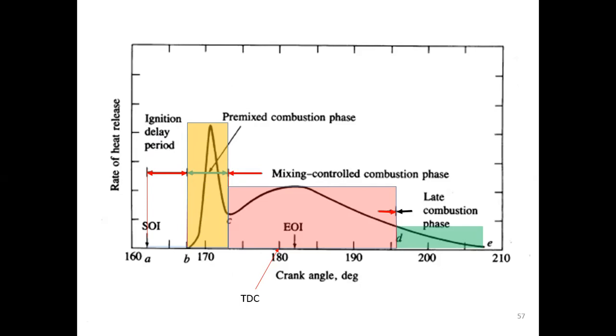Ignition delay period doesn't mean you ignite; only the fuel is injected, because you don't see any heat release here. And then you see a large rate of heat release happen. That means ignition happened and then combustion happened.